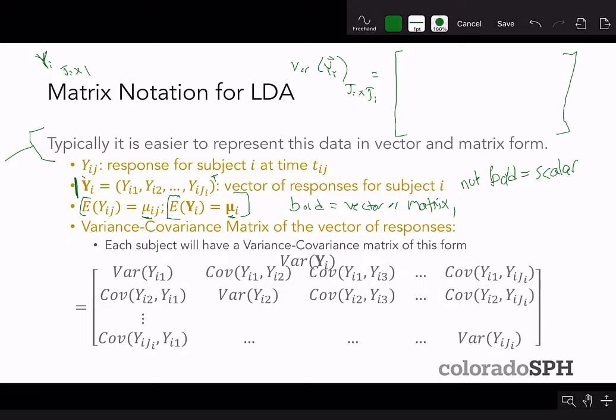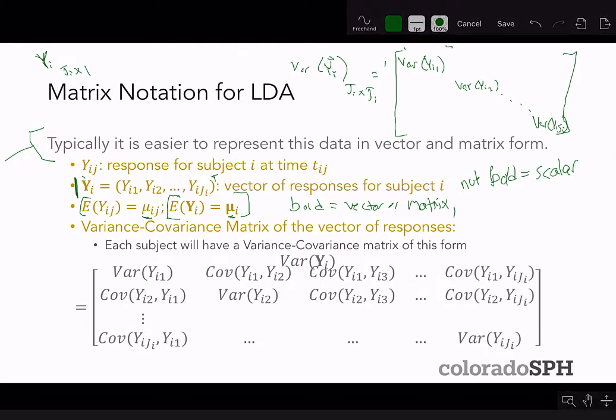is all of the diagonal entries. So your 1, 1 entry is going to be the variance of yi1. Your second diagonal entry will be the variance of yi2. All the way down to your last diagonal entry will be the variance of yiji. And then your off diagonals will be your covariances.